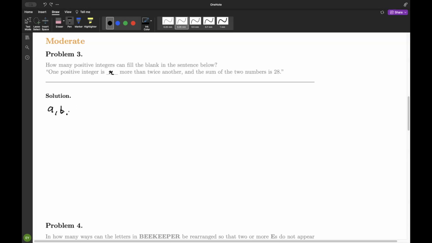And without loss of generality, let's say that a is greater than b. Until here, it is all okay, right? Or do you have any question until now? Yes or no?